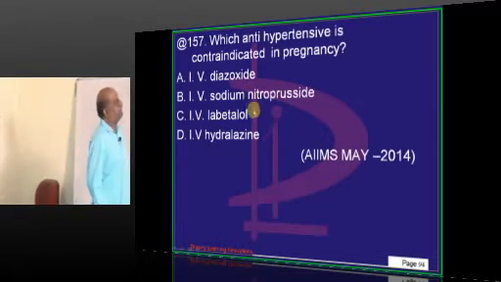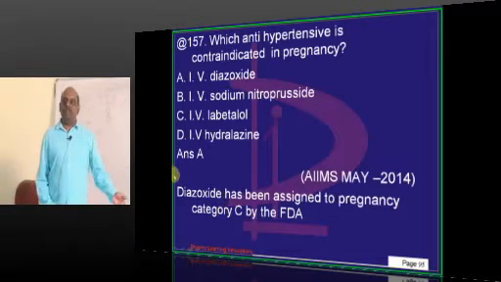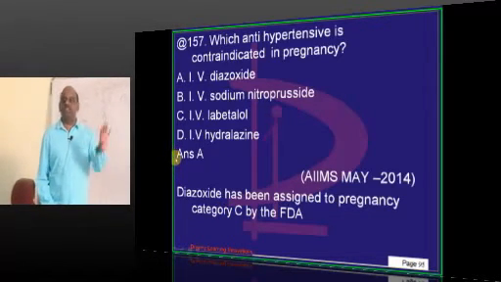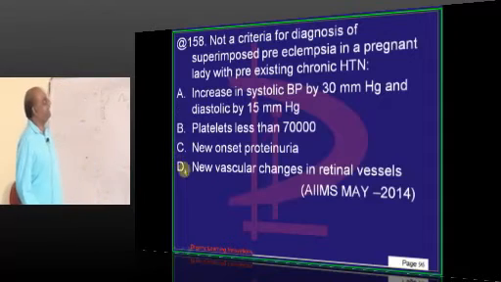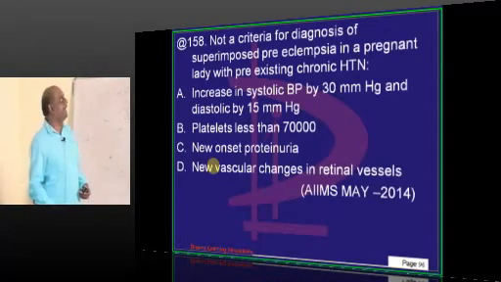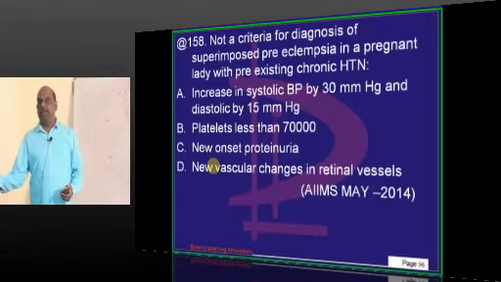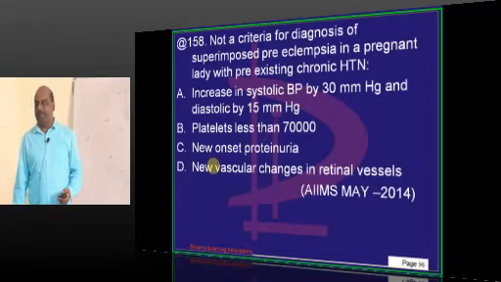Then, what is contraindicated? We were all expecting ACE inhibitor, but diazoxide also is contraindicated. Superimposed preeclampsia define करने का, what is the criteria? Suppose already patient is having hypertension in the background, chronic hypertension before pregnancy only.